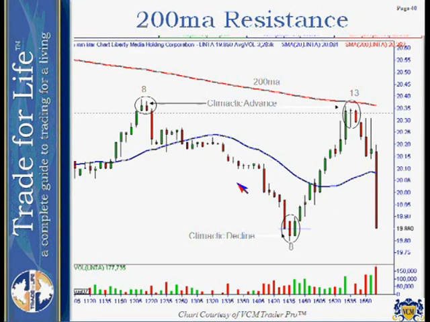Now notice whenever you swing a little too far above the 20 or a little too far below, you snap back, or once again a little too far above. See, these wide spaces, the stock doesn't stay there, right? You can see that. Oh, we swung a little bit too far this way.